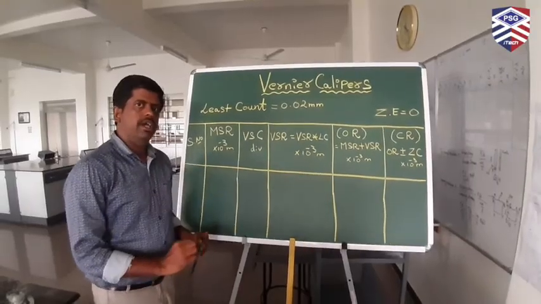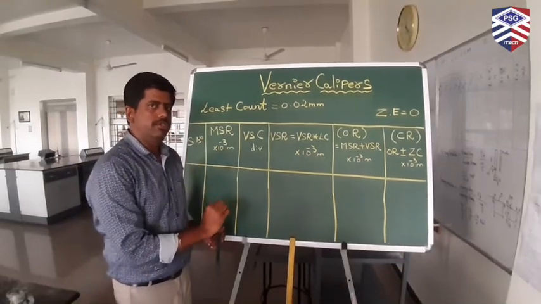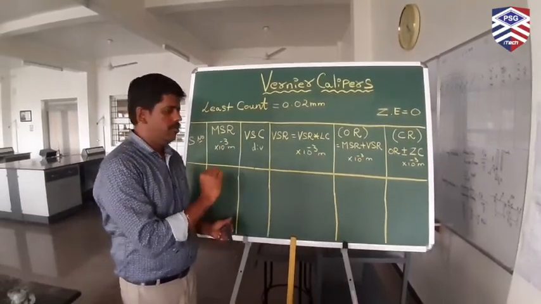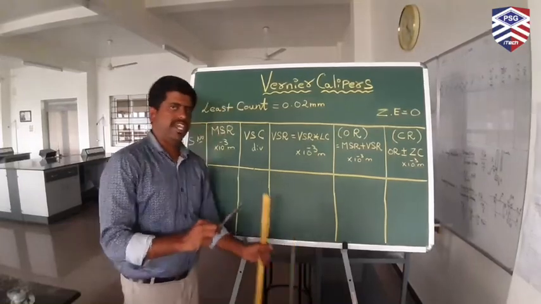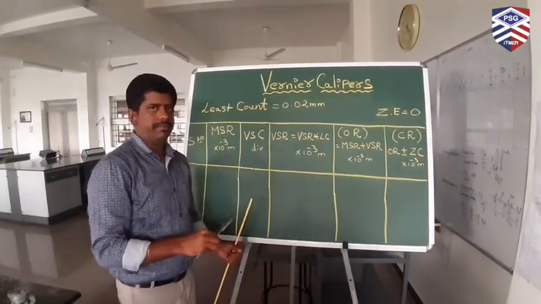Now let us see how to record the values of vernier calipers for the breadth of the scale in the tabular column.